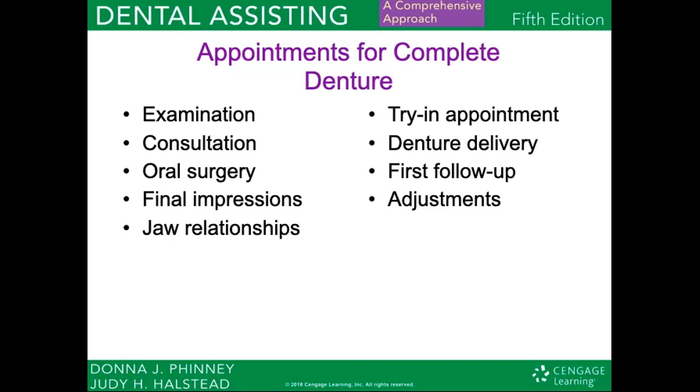Another appointment is for the final impressions, and these are taken after healing from the surgery is complete. Another appointment is a jaw relationship, and that's when the two jaws, the upper and the lower jaws, are determined. The dentures are created in the laboratory and then delivered to the patient. The patient will go in for follow-up and then we'll make additional appointments for adjustments as necessary.